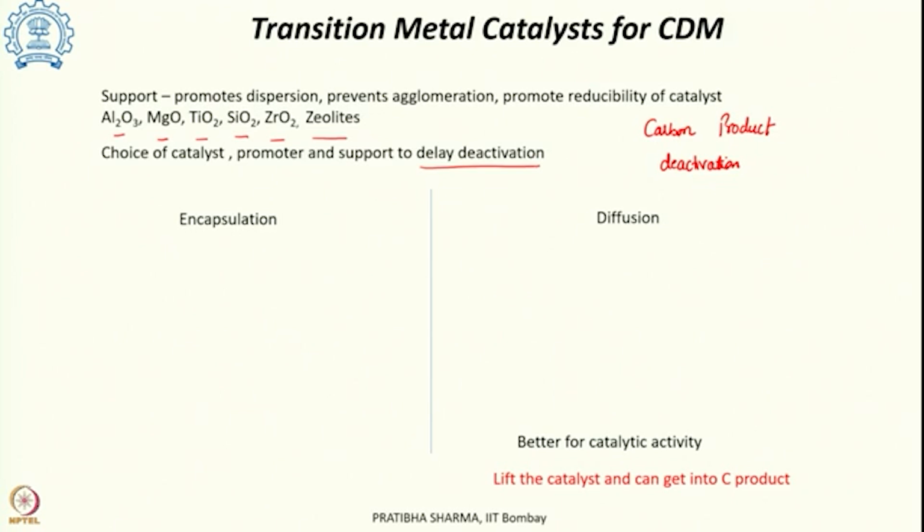Now, this deactivation can occur through different routes. One method could be where the catalyst, let us say it is nickel, because of the carbon formation, that carbon forms uniformly all across the surface of the catalyst. So, it completely covers the catalyst.